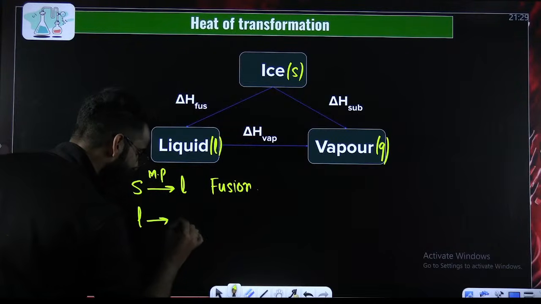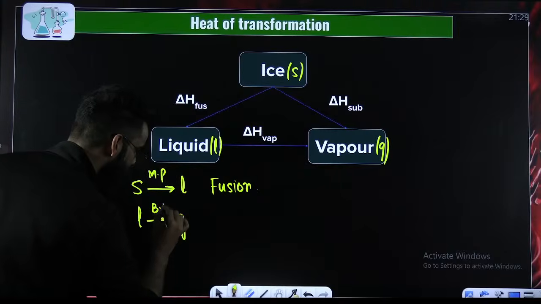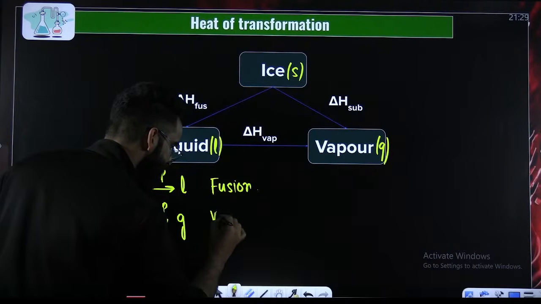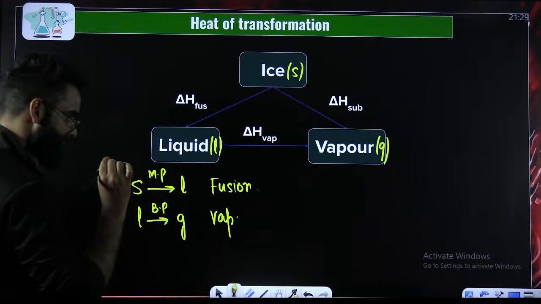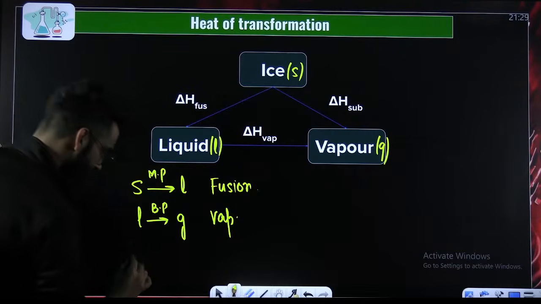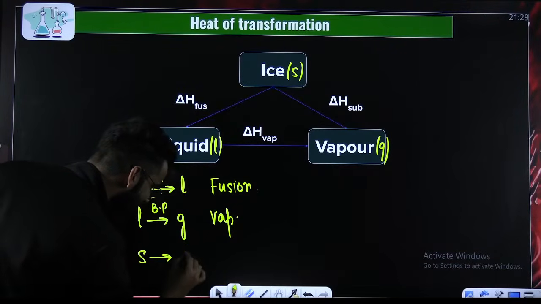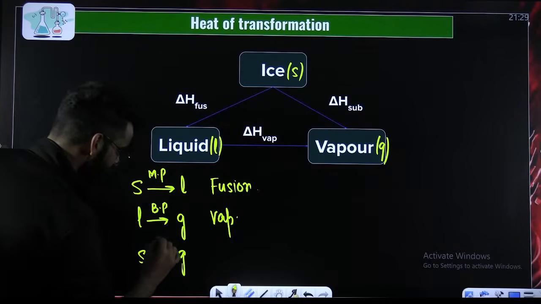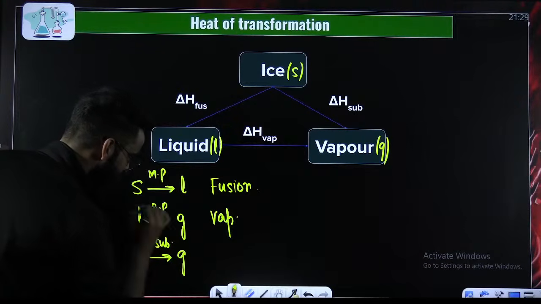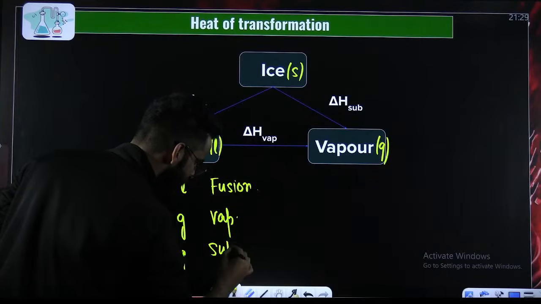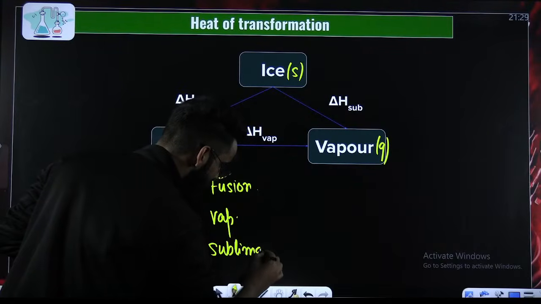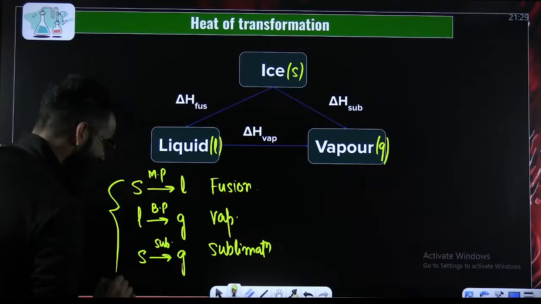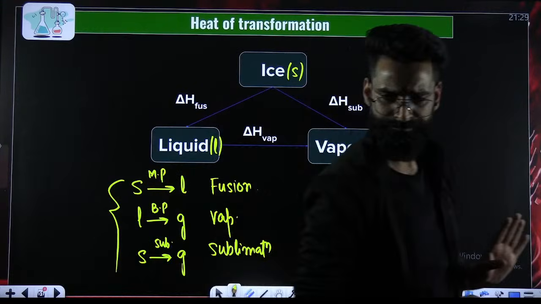Conversion of liquid into gas at its boiling point is called vaporization. Conversion of solid directly into gas at its sublimation temperature is called sublimation. These are the three things which I believe everybody would already know.